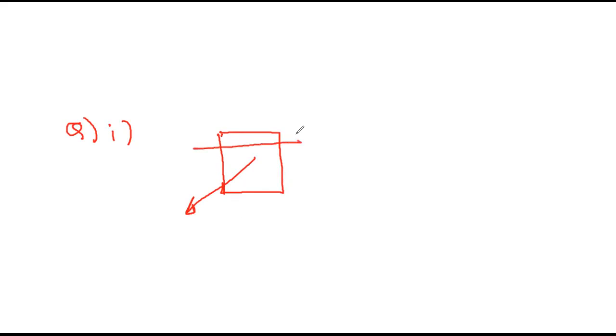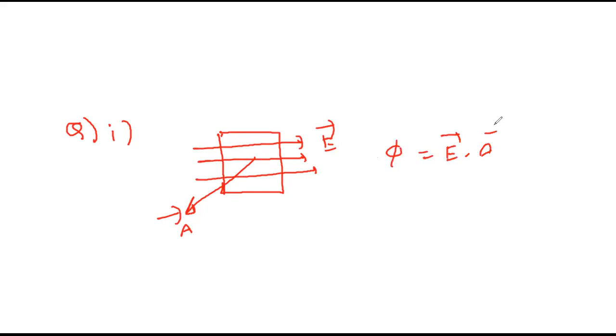And this is the electric field. What is the angle between the area vector and E? 90 degrees. So that means here E bar dot A bar will be E A into cos 90. Cos 90 is 0. So flux will be 0. And we also know when two vectors are perpendicular, the dot product is 0.